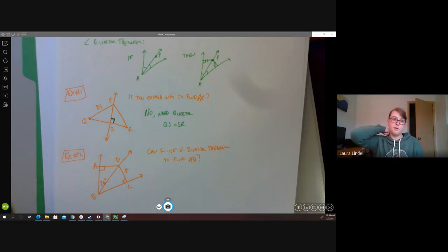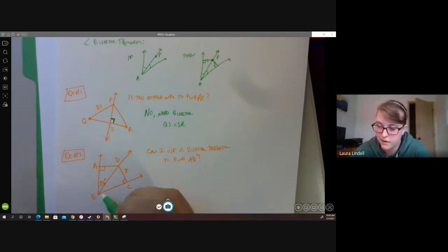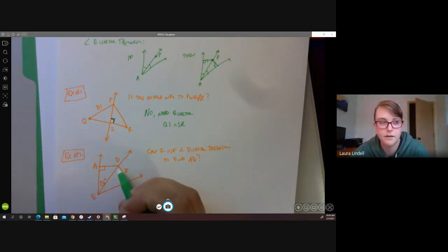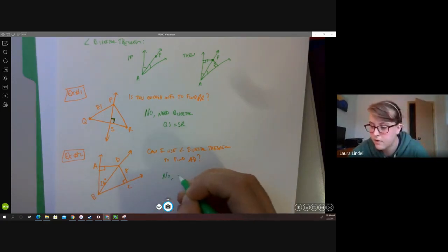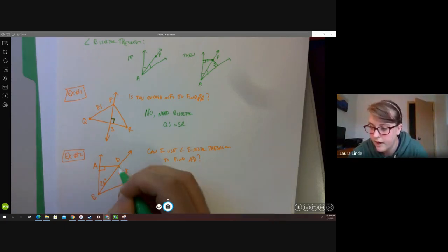And this one's the one that we don't have enough information, because I don't actually know if this is an angle bisector. So we would need to know that angle DBC is also 26.